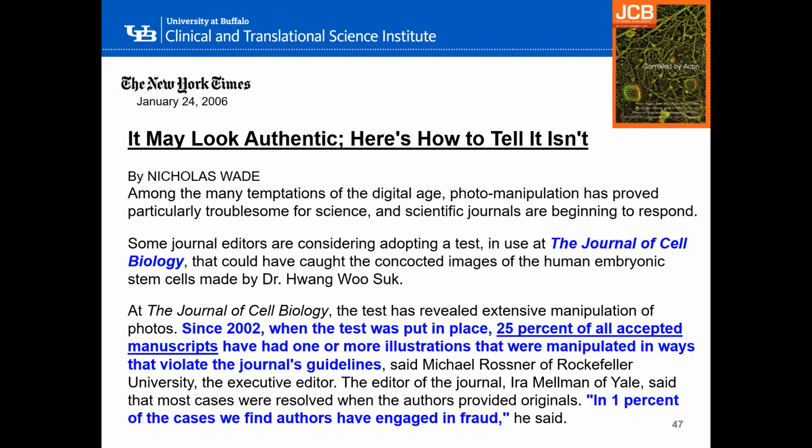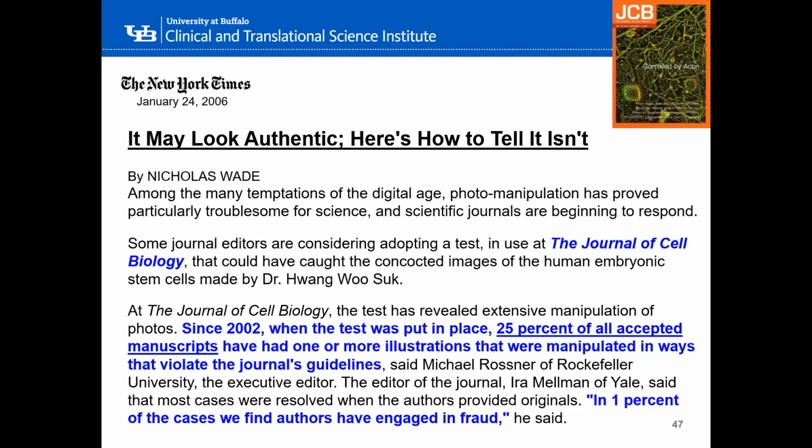And in a study that was done in 2002, the Journal of Cell Biology scrutinized the papers that were received in recent years, and they found that 25% of all accepted manuscripts had one or more illustrations that were manipulated in ways that violate the journal's guidelines.